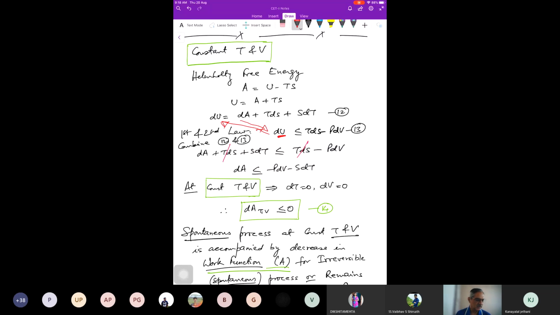What you get is dA plus TdS plus SdT is less than or equal to TdS minus PdV, and TdS cancels out on both the sides. What you get is dA is less than or equal to minus PdV, and if you bring this here, minus SdT.